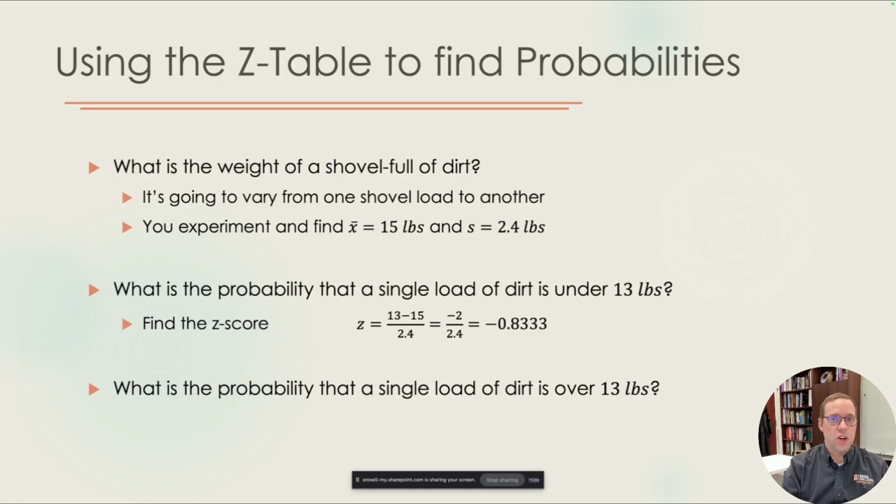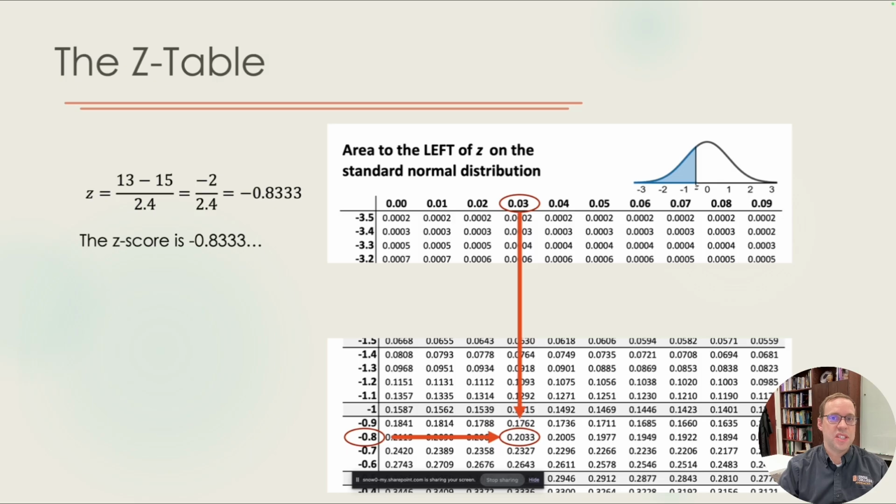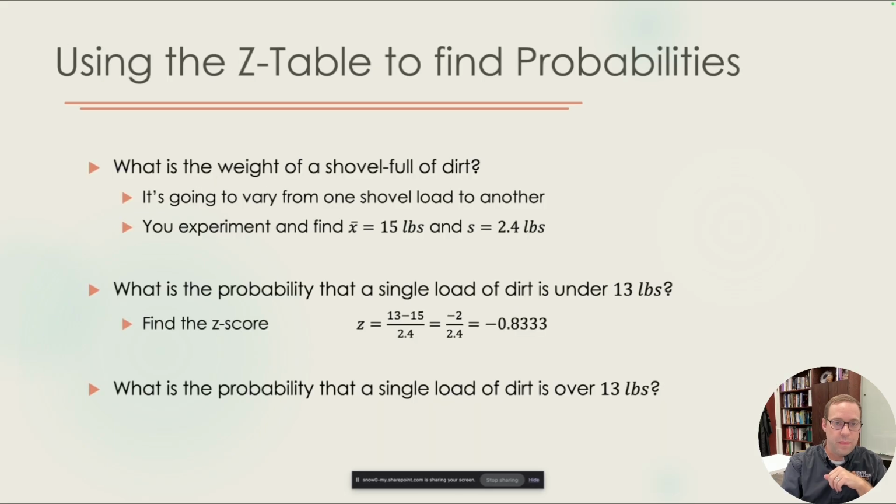Okay, so what's the probability that a single load of dirt is over 13 pounds? You might be tempted to go to the z-table and do what we just did. But remember that the table only tells you probabilities less than a value. That means to the left. When you have a probability greater than, that means you want the right tail, everything to the right. So what do we do?